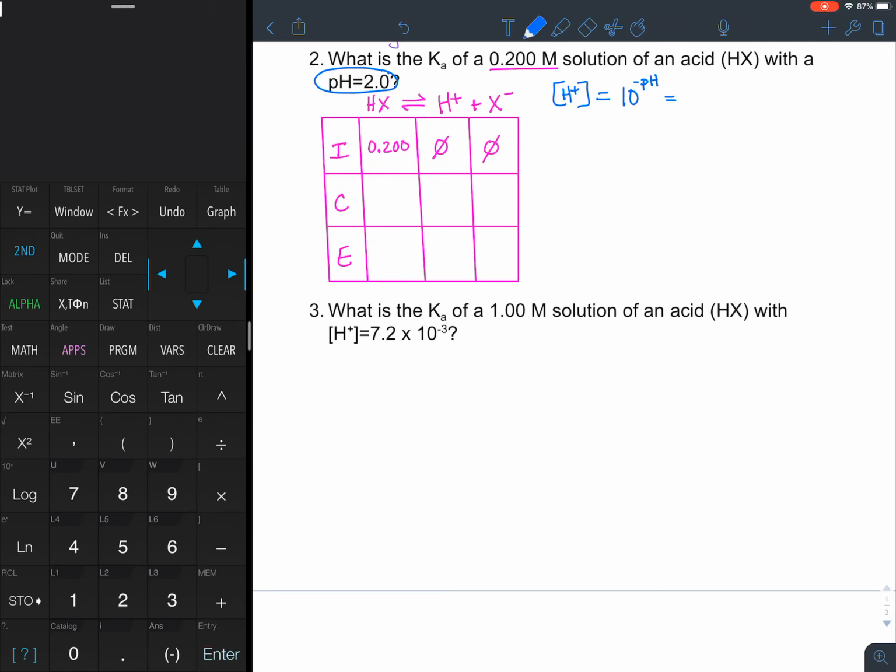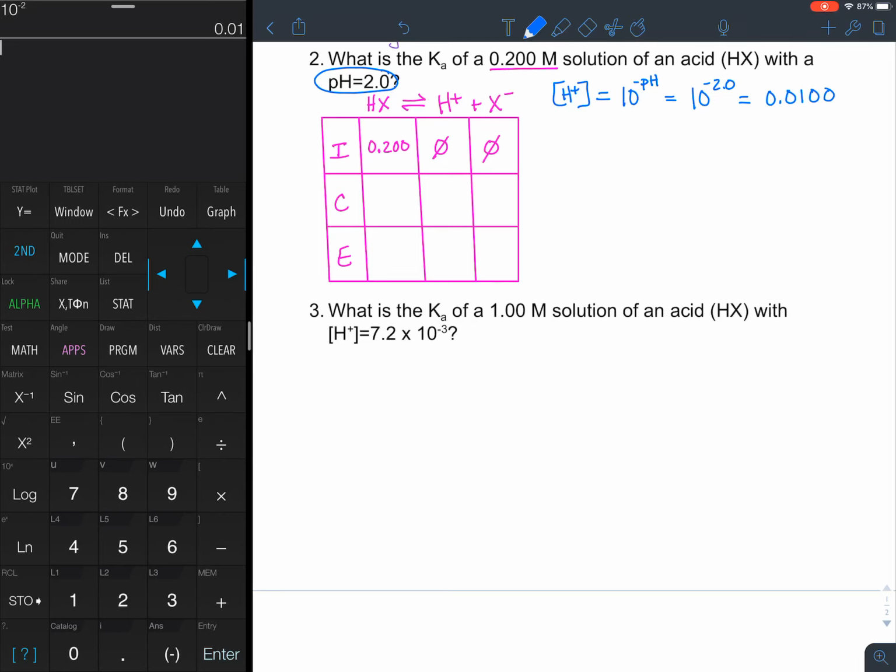That's going to be 10 to the negative 2.0. When I put that in, 10 caret negative 2, that gives me a value of 0.01. If we're keeping sig figs, we can add it there. I'm not really too worried about that, but that is going to be the concentration of our hydrogen ions at equilibrium, because that's the amount that we have.